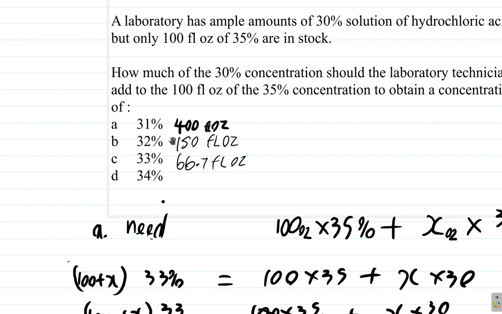The 33% is not too far from the 35%. You're watering down the 35. But you don't need that much of the weak concentration to bring it down. So only 66.7 fluid ounces you need.